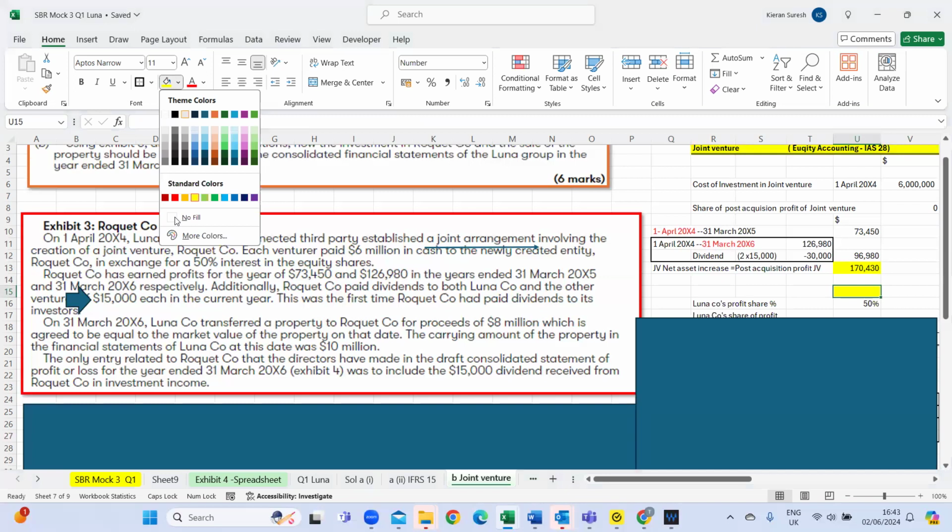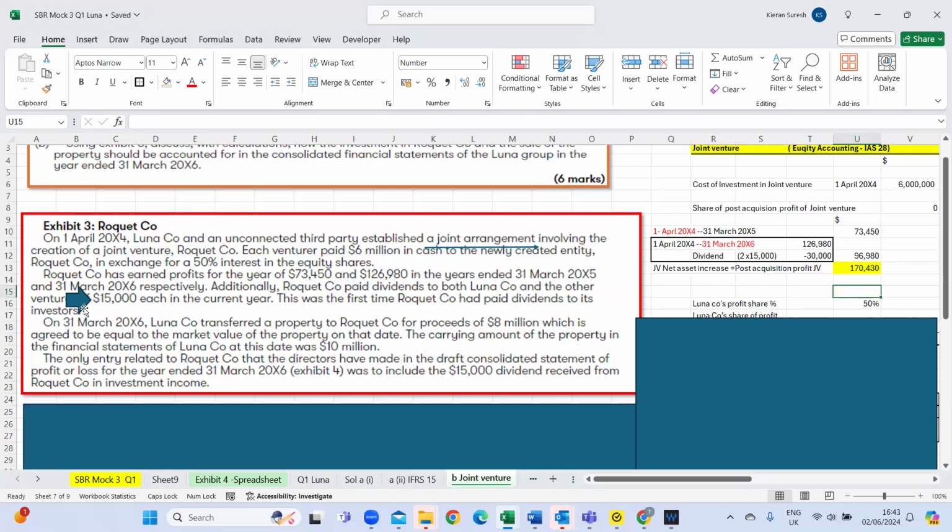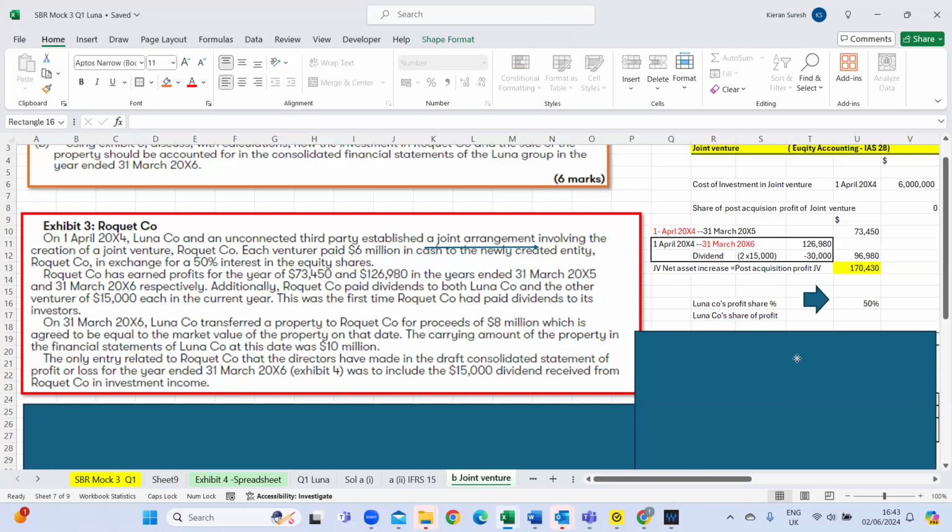And from that profit, now we know Luna Company is a joint venture. Luna Company's share is what we needed to know, the share of post-acquisition profit of the joint venture. This was the total post-acquisition profit made by the joint venture company, out of which we would take our shares. What is Luna Company's share? Only 50%.